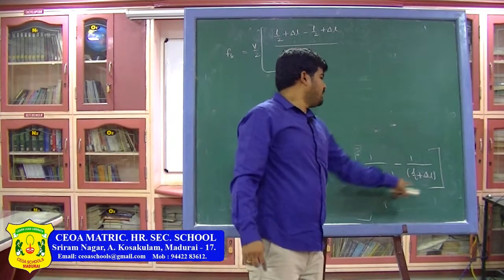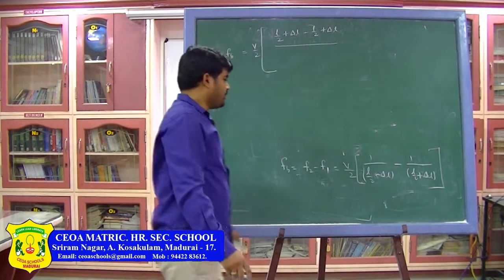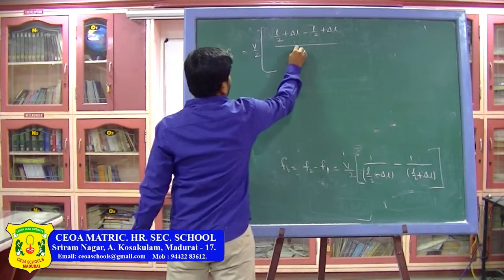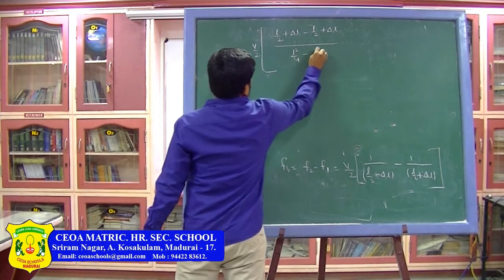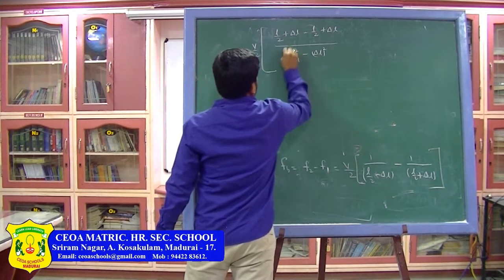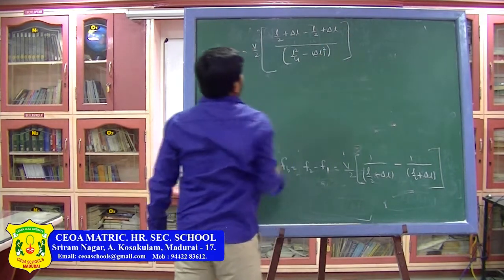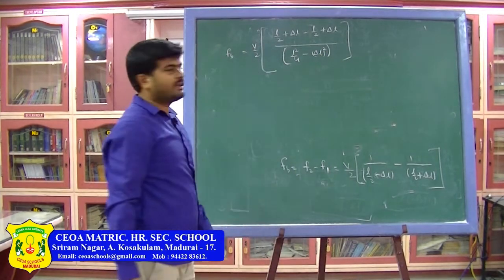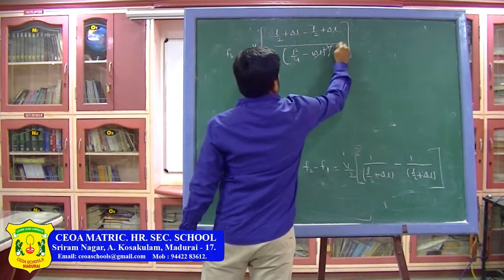A minus B into A plus B gives A square minus B square, so the denominator will be L square by 4 minus delta L whole square. Now, we know that L is very much greater than delta L, so this delta L square term can be neglected.